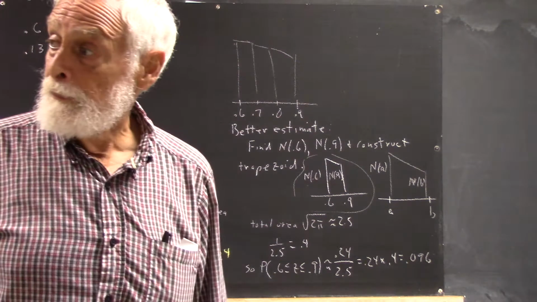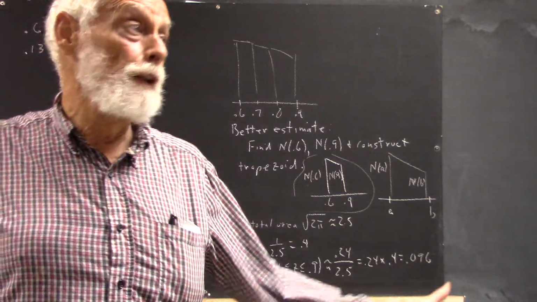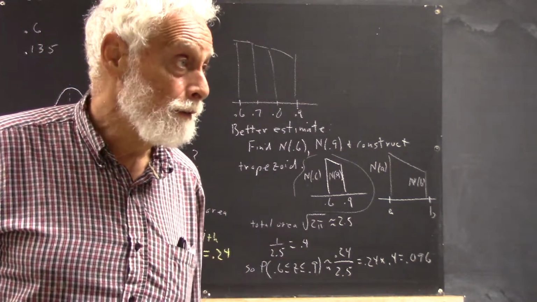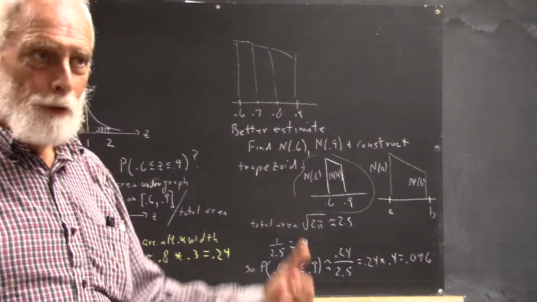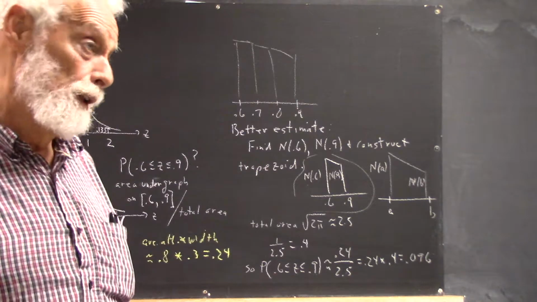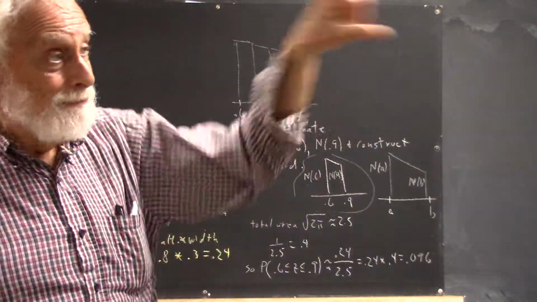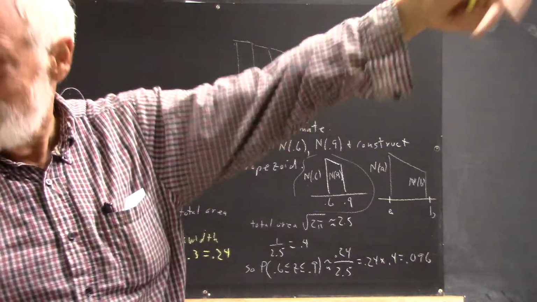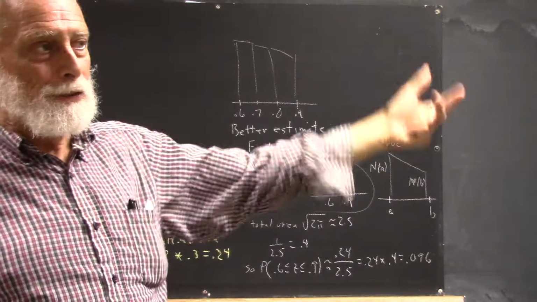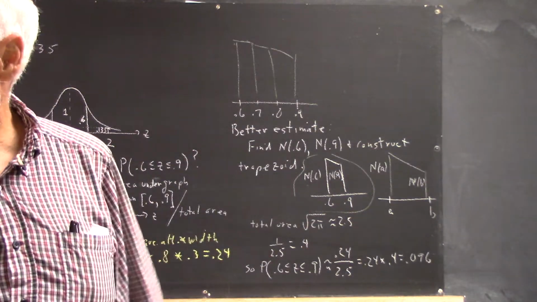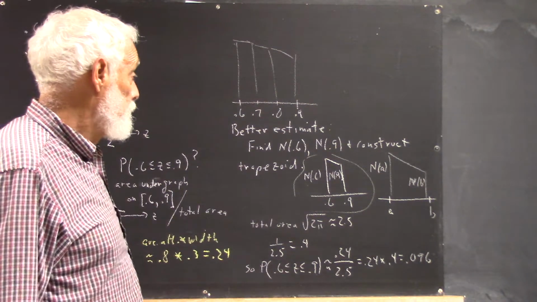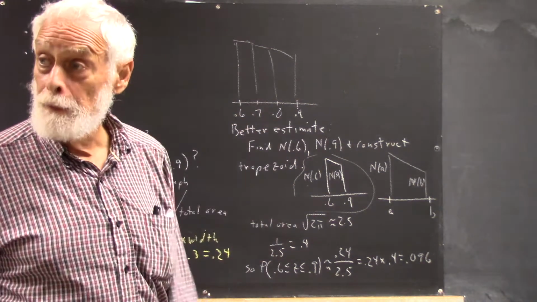Really easy to do with Excel. We're going to do it later. But you can imagine, you just put the 0.6, 0.7, 0.8, 0.9 into Excel, and it equals e to this cell squared over this, and you get it. So Excel will do that very easily.